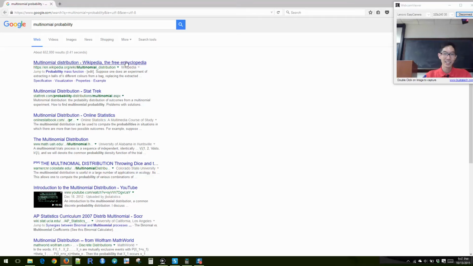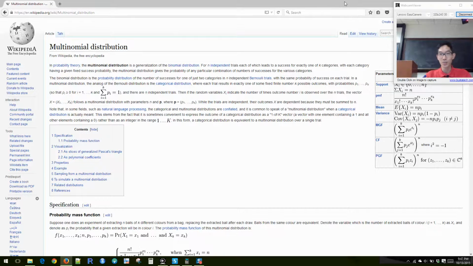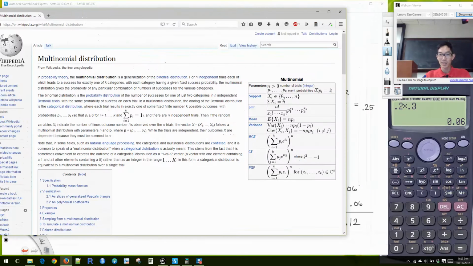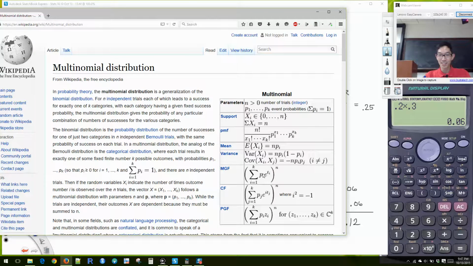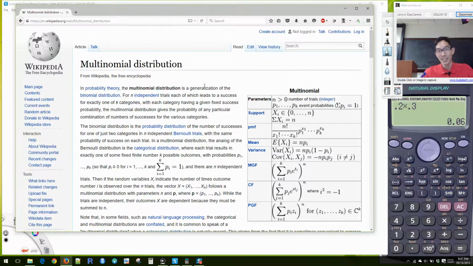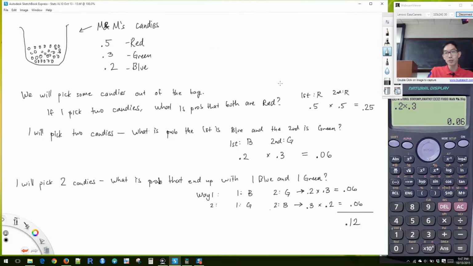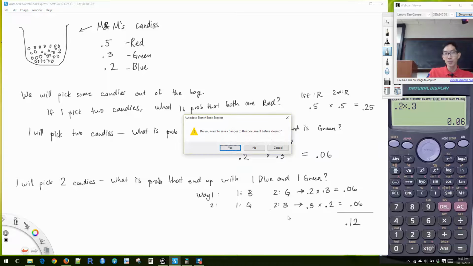It's not in the book, but okay. This is the multinomial formula right here. No, I meant the formula for 2 variables. That's going to be binomial, and that will show up next week.